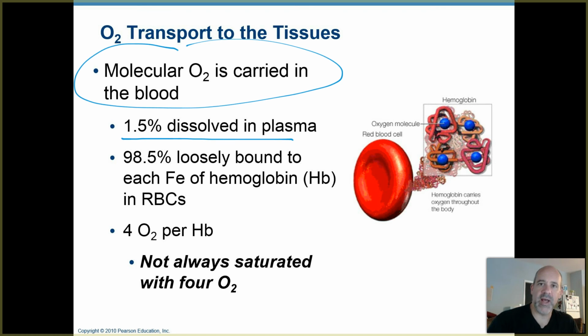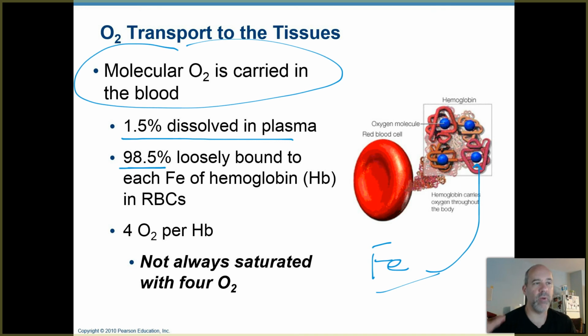You see evidence of that every time you open up a bottle of Coke and you see all the bubbles rising out of the Coke. Those are dissolved gases that, because of the change in pressure, are bubbling and being released into the surrounding atmosphere. So gases can be dissolved in your blood plasma, but 98.5% of it is, as you guys learned before, loosely attached to the iron atoms that are part of hemoglobin.